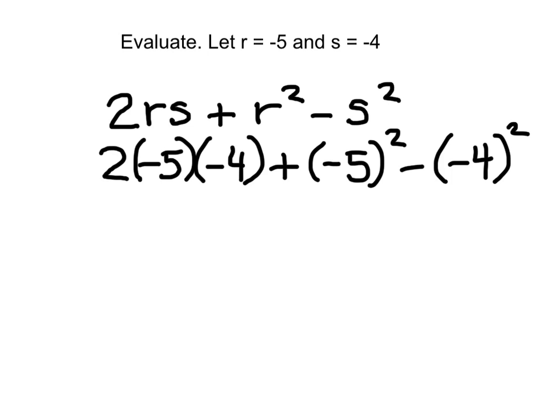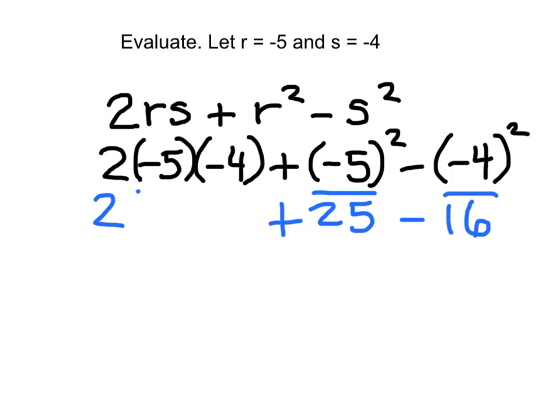Next, we'll follow order of operations. We have an exponent and an exponent. -5 squared would be 25. -4 squared is 16. Bring down the minus, bring down the plus.